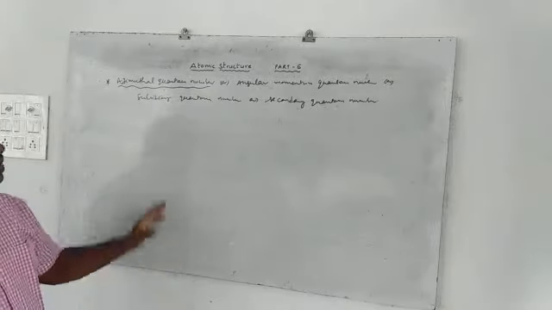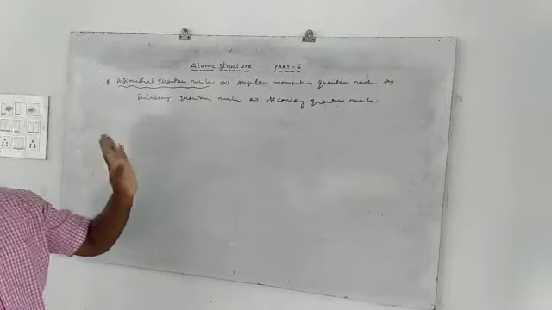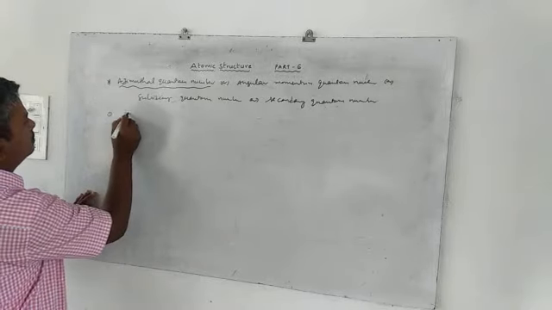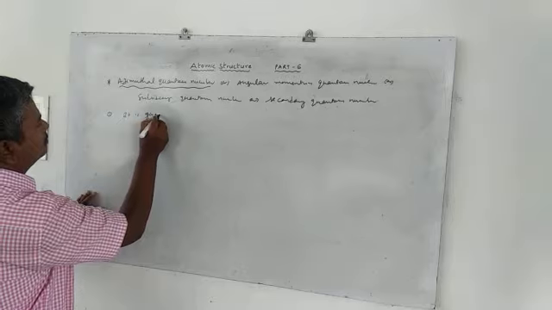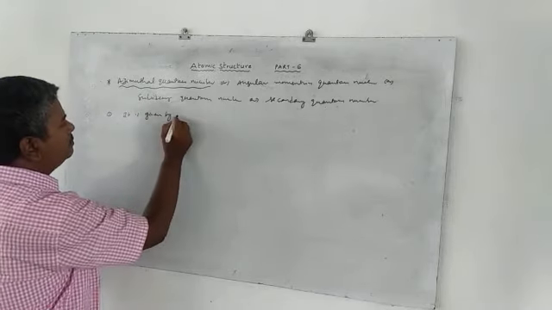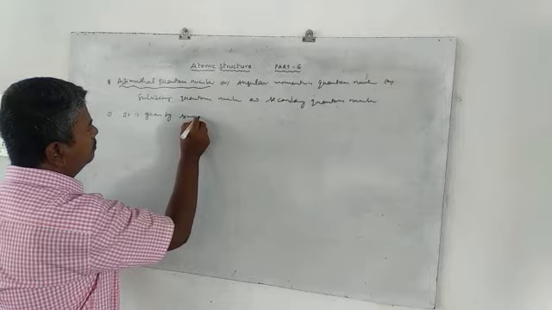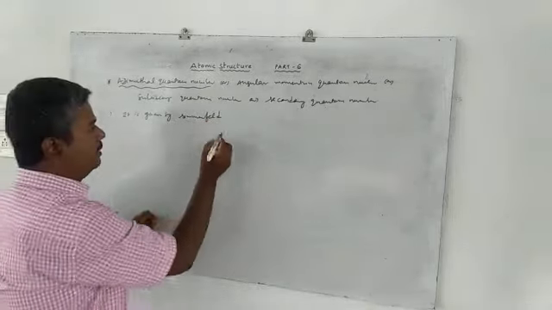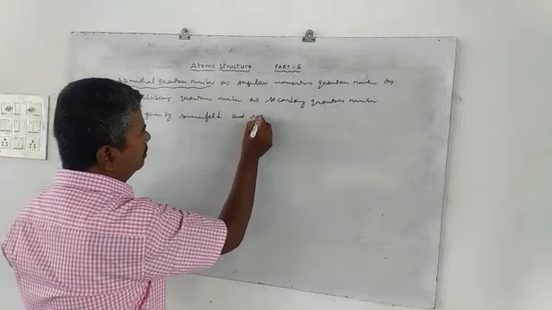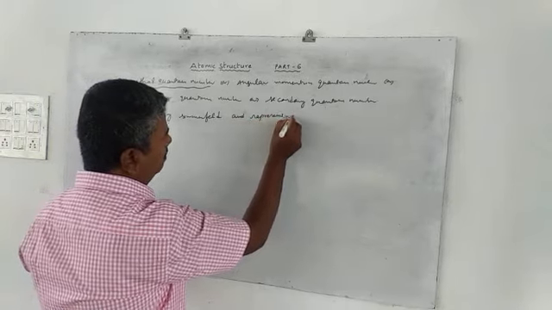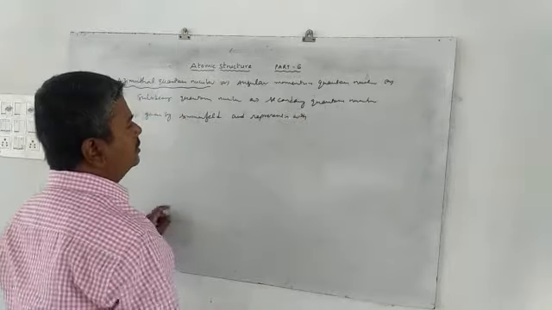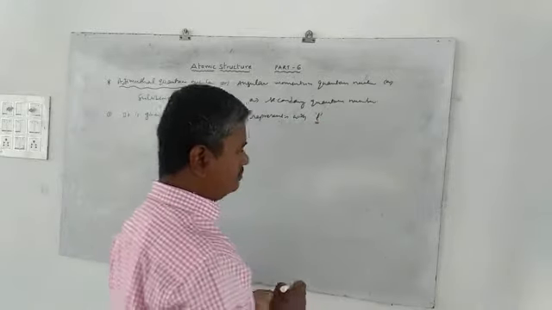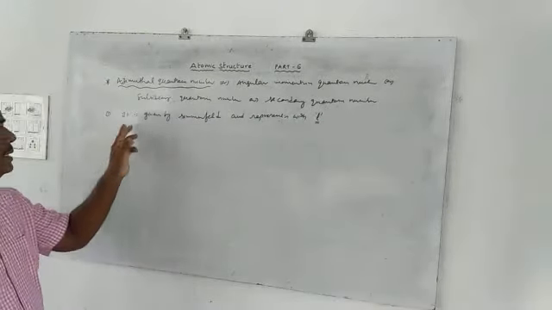So these are all the names of the quantum number of which one? Azimuthal quantum number. It is given by which one? Given by Sommerfeld and represented with small l.